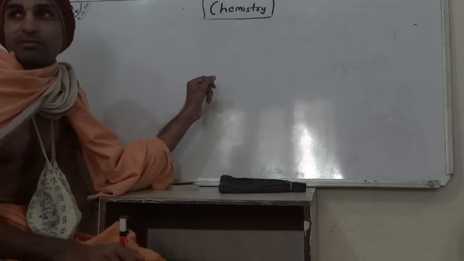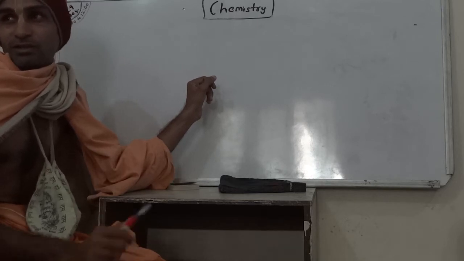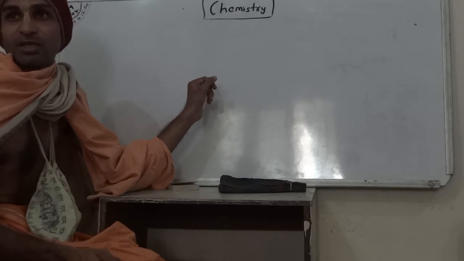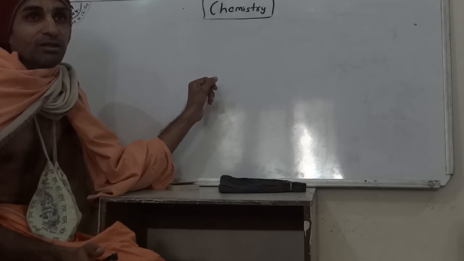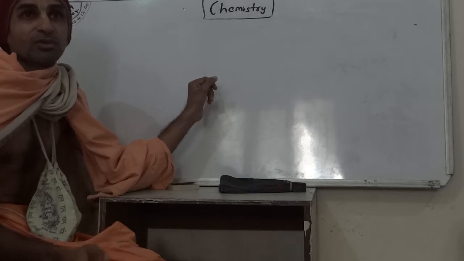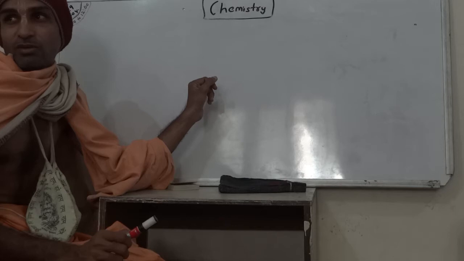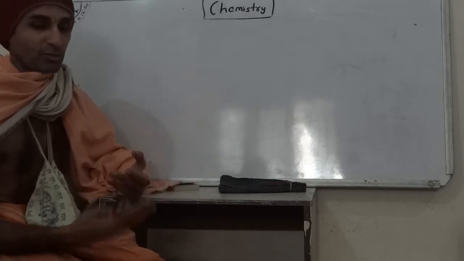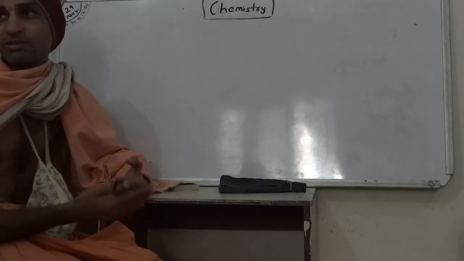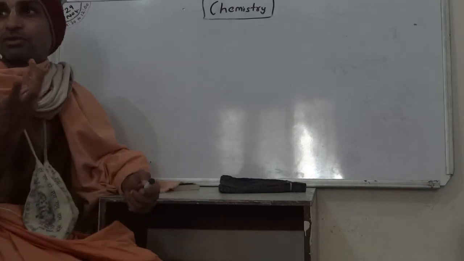Depending on that, any atom will react with other atoms. So the chemical properties of an element are its properties to react with other elements to form different types of compounds.